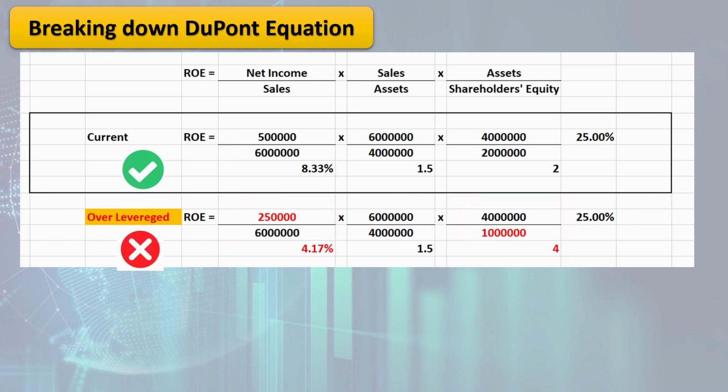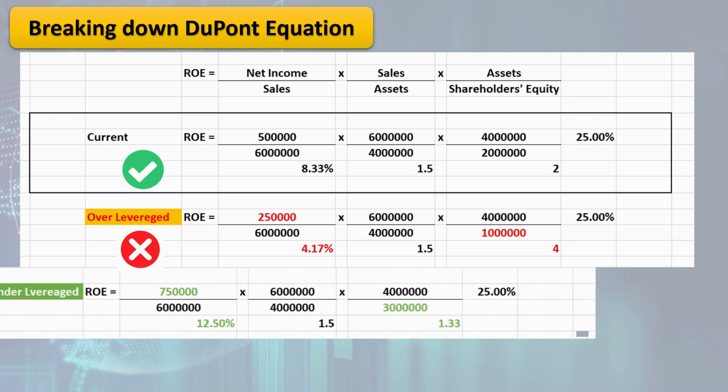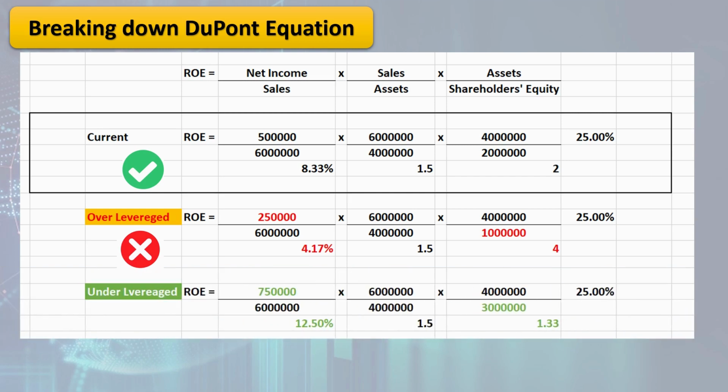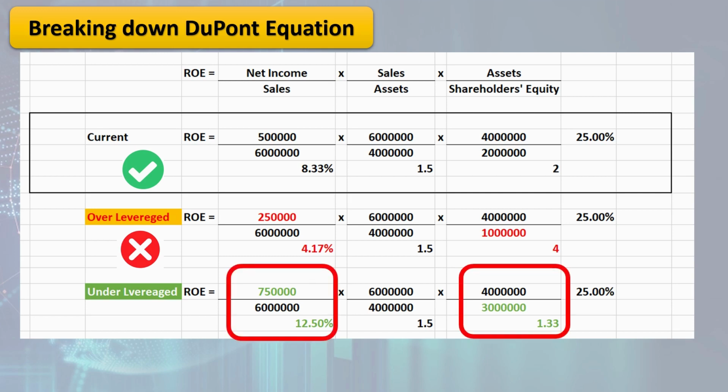If the company is getting over-leveraged, the stock might deserve more of a discount despite the rise in return on equity. The company could be under-leveraged as well. In this case, it could be positive and show that the company is managing itself better.